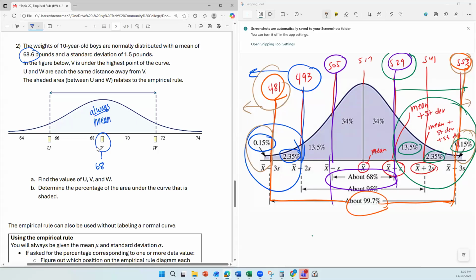That's V. Now, a couple things. W and U are equal distances from V, and those distances are going to be some number of standard deviations. So to get from V to W, I'm going to add 1.5 some number of times. To get from V to U, I'm subtracting 1.5 some number of times.